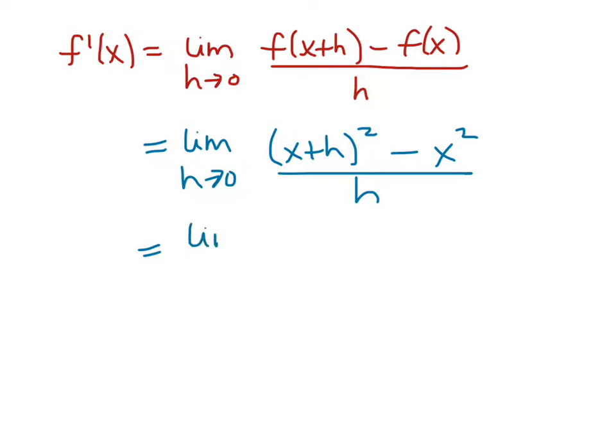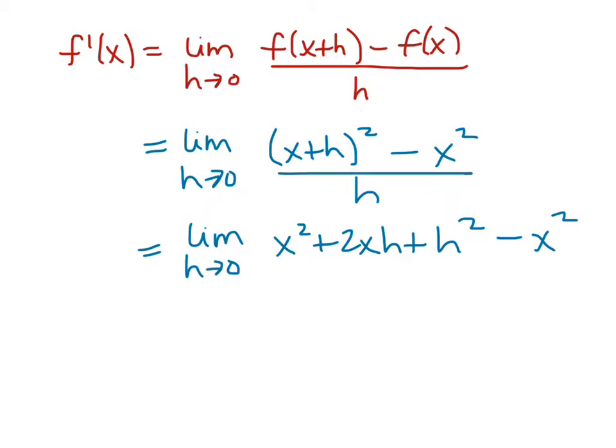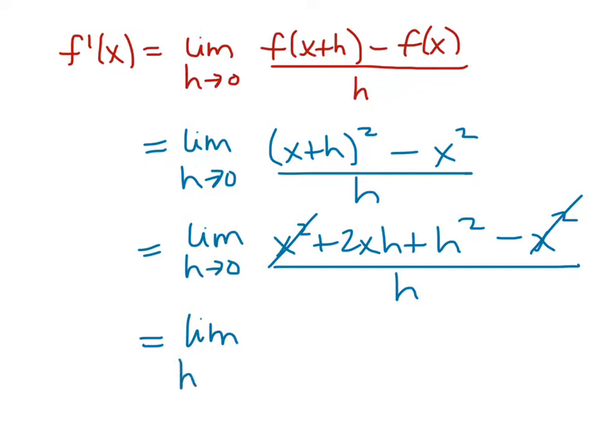And then performing some algebra here, x plus h quantity squared expands to x squared plus 2xh plus h squared, subtracting the x squared, keeping this all over h. And the x squared will cancel due to subtraction. And then the other terms in the numerator each have an h in them.